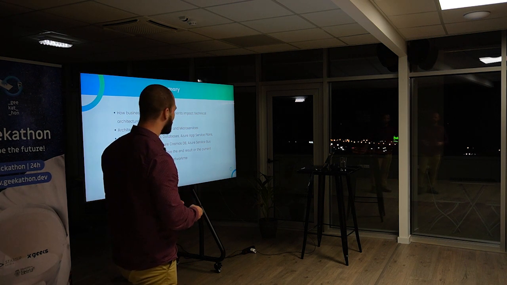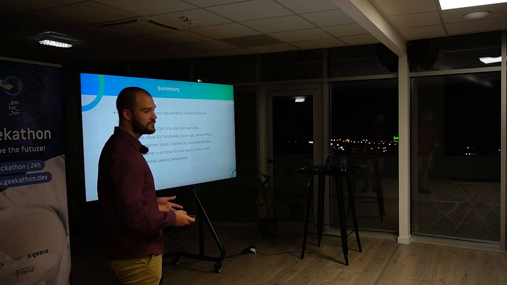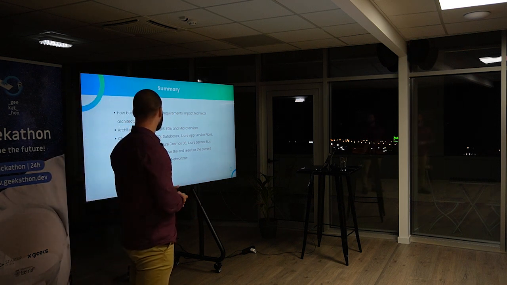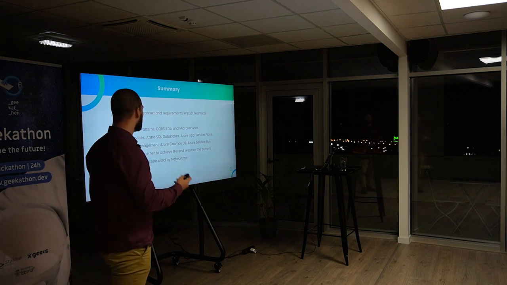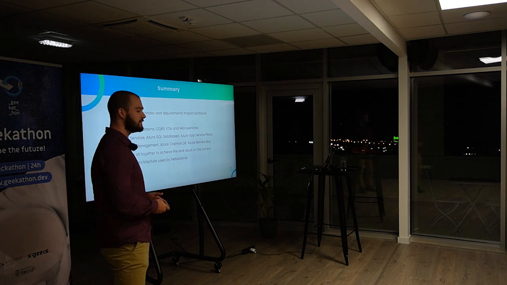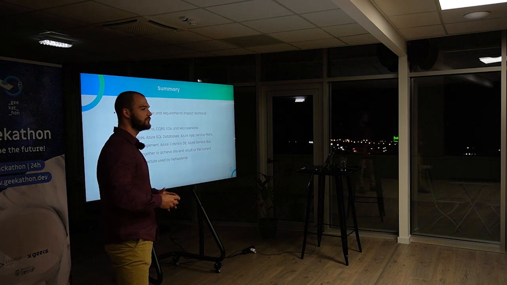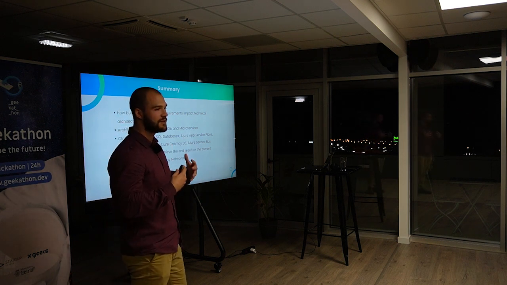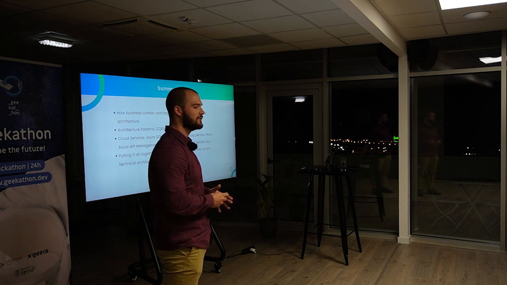We talked about architecture patterns like the CQRS pattern, the event-driven architecture pattern, microservices. We mentioned some cloud services: Azure SQL databases, Azure Cosmos DB, Azure App Service Plans, API Management, and Service Bus, right? And we put it all together into the current architecture that we are using back in my company, and basically how all of these concepts play together, right?